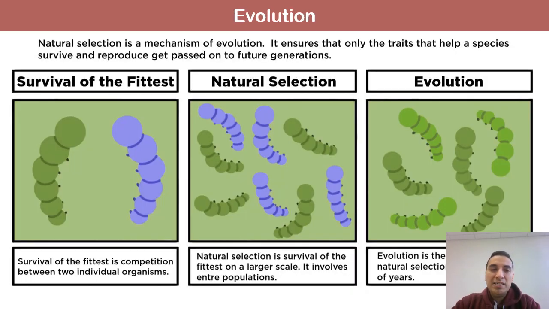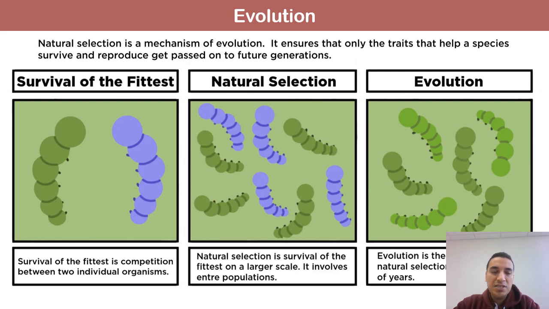Again, one idea is natural selection, which is the mechanism of evolution. And this essentially ensures that only the traits that help a species survive or reproduce can get passed to future generations, unless there are some straggler traits that do not really matter and they just sort of hitch a ride in a sense, right? They are just there by chance. So what is the survival of the fittest?